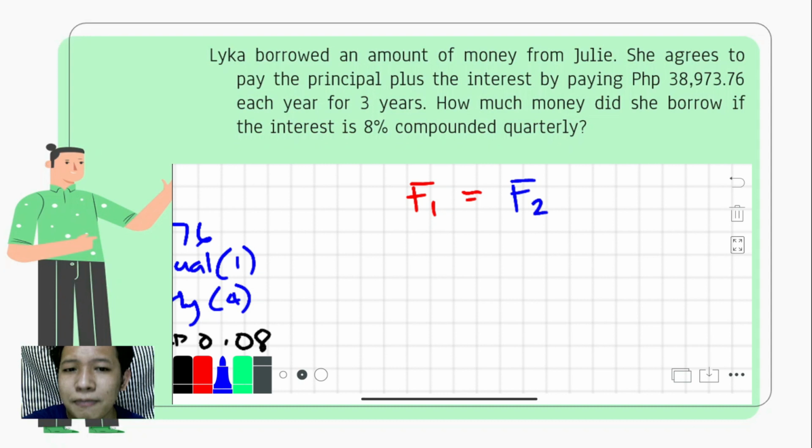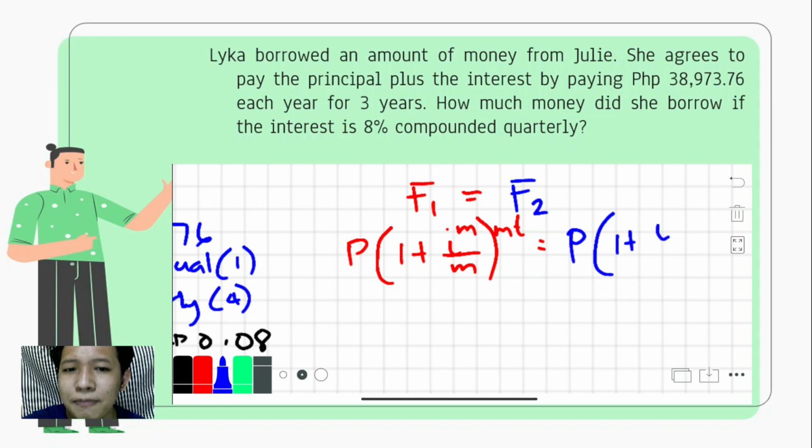So F sub 1 natin, again, that's P times (1 + i^(m)/m)^(mt) equals P times (1 + i^(m)/m)^(mt) again. So, si F sub 1 na tinutukoy natin dito ay yung yearly.